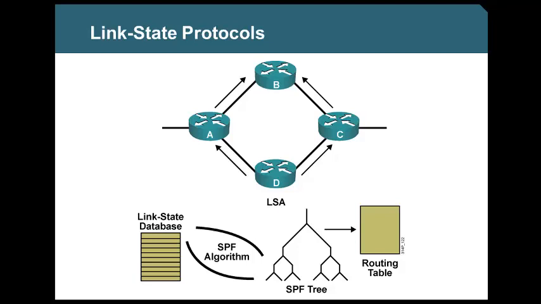The true, complete topology table you can see in OSPF but not in EIGRP. In EIGRP, though you have a topology table, it is not really a topology table always, because the routers advertise only the best routes.